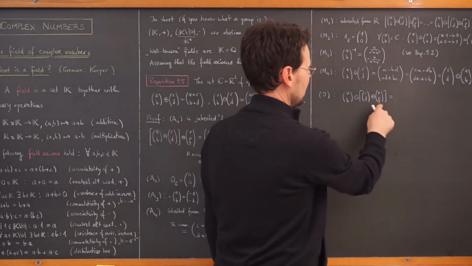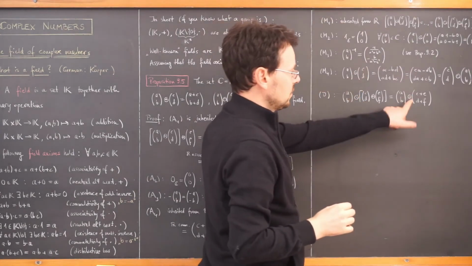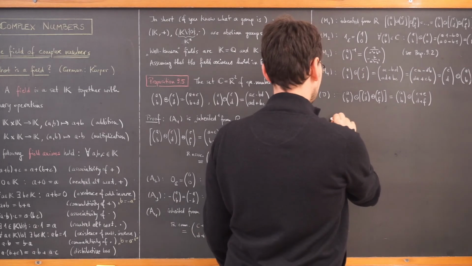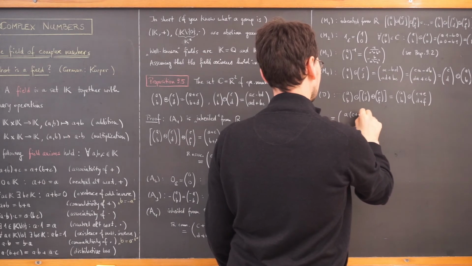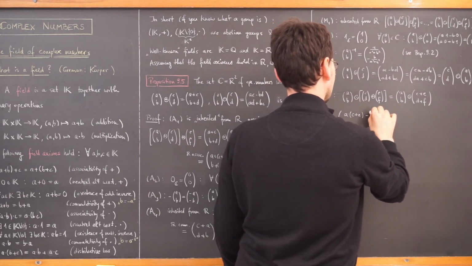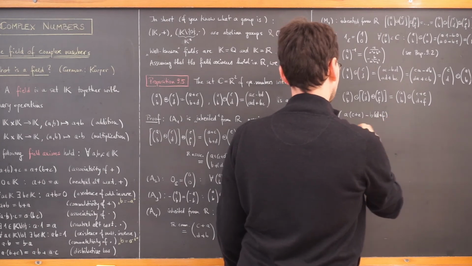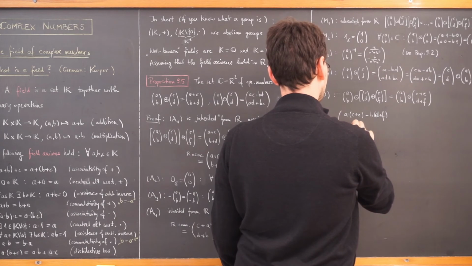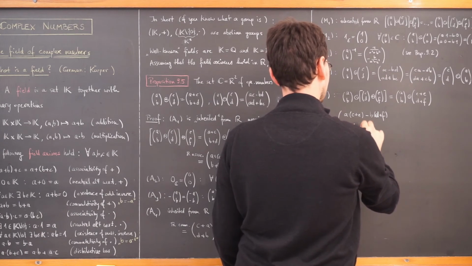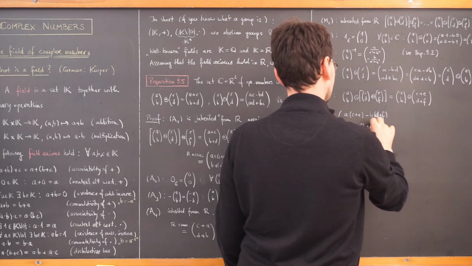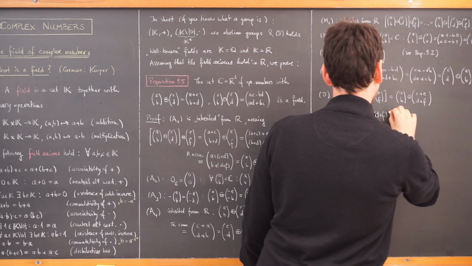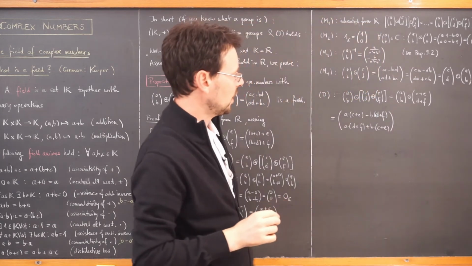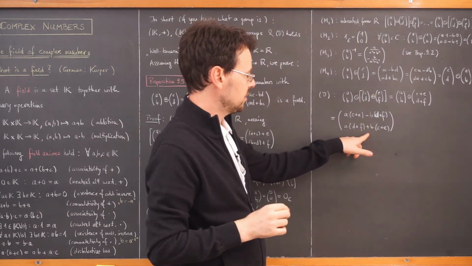So to start, we add these two vectors, and now we use the definition of complex multiplication. And we end up with this guy.